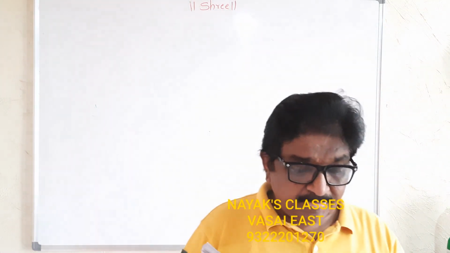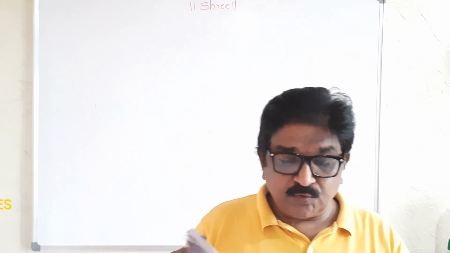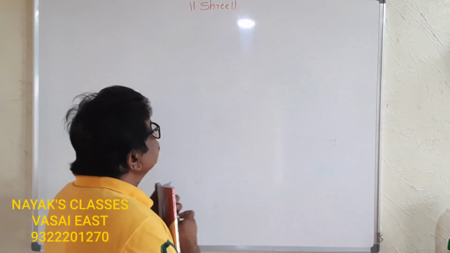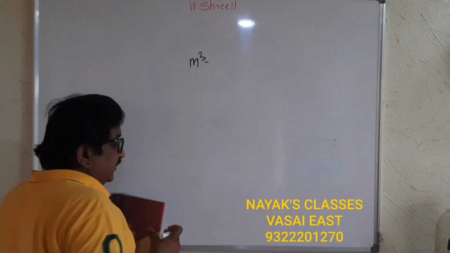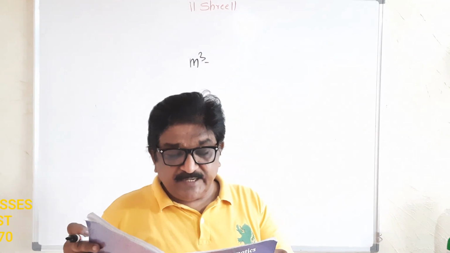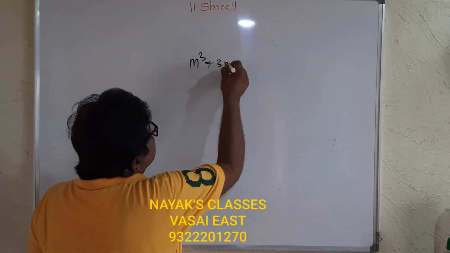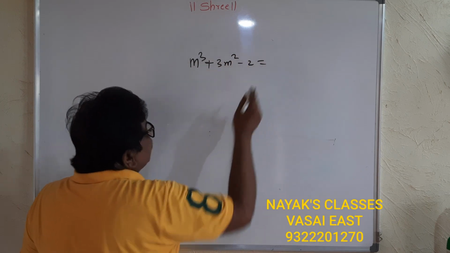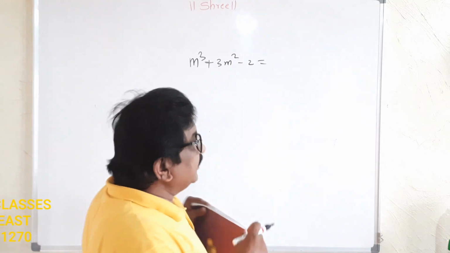It is m cube plus 3m square minus 2 is equal to 3m cube.